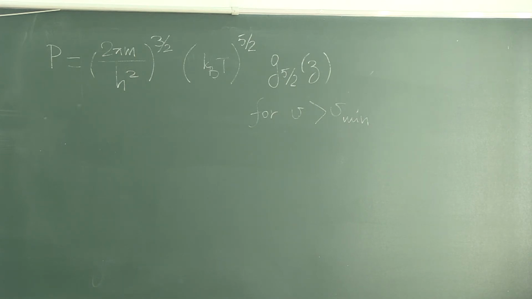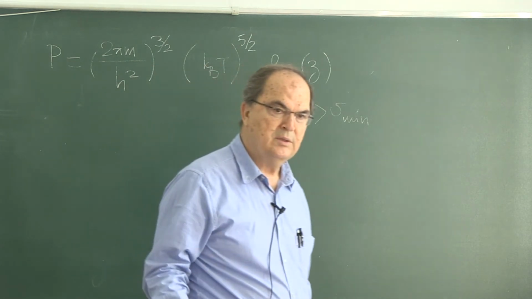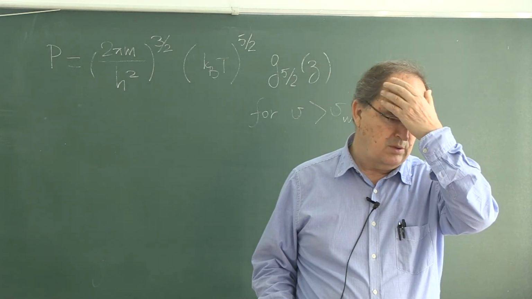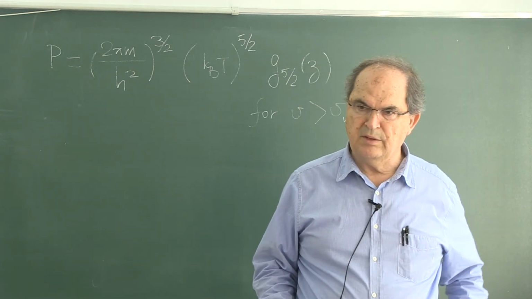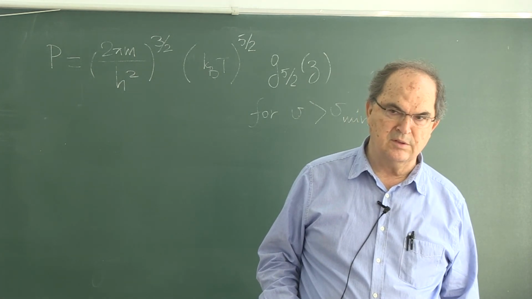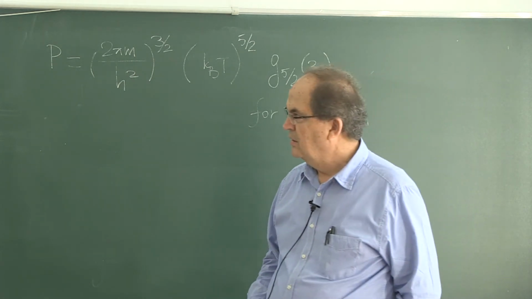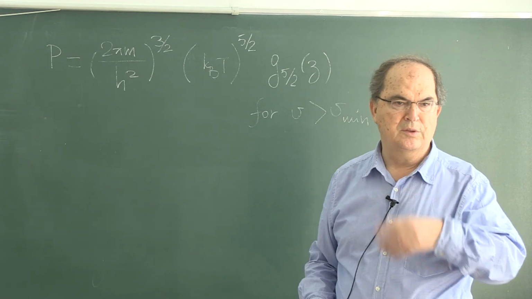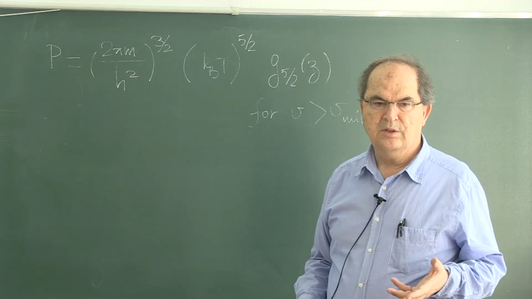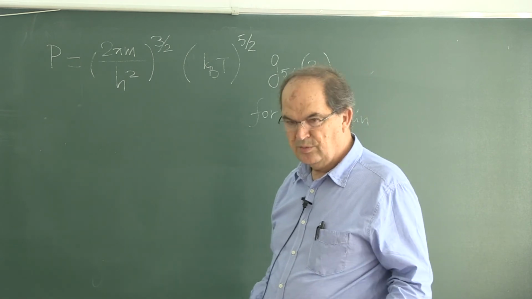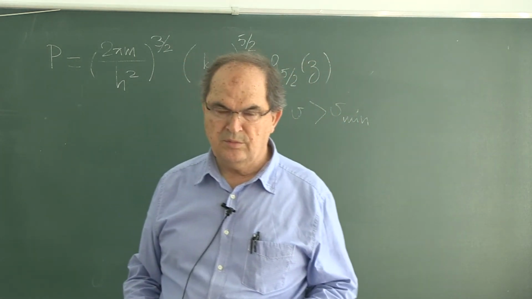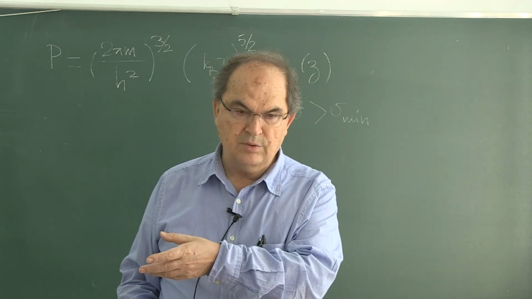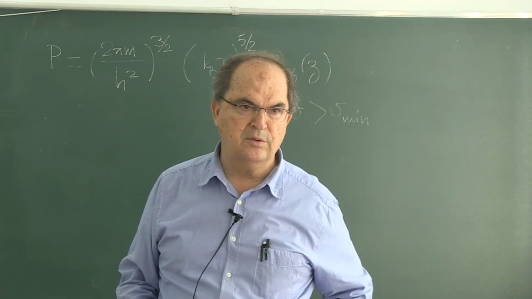Can you play with volume per particle or interparticle distance? Of course. I told you the critical quantum limit is when the thermal wavelength is of the order of interparticle distance. So instead of using this exact expression of 2.612, you just use the condition that the quantum effect becomes dominant at lambda_T equals a, which is small v to the power 1/3.